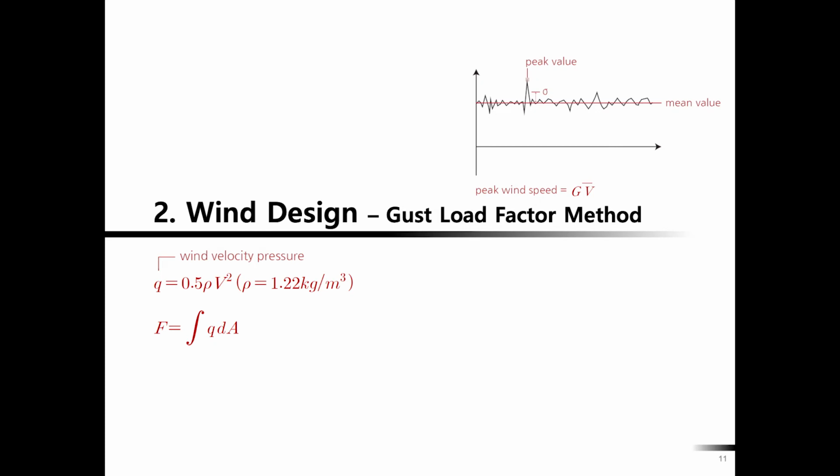So for the gust load factor, this is a peak wind speed, but it's squared, and then you multiply by area, then you will have a force, the mean force, applied to the building.